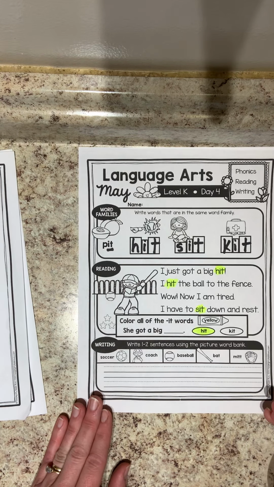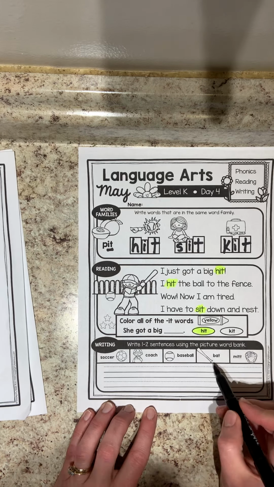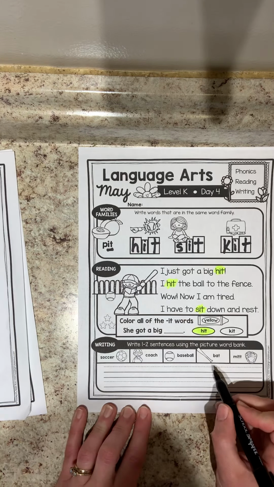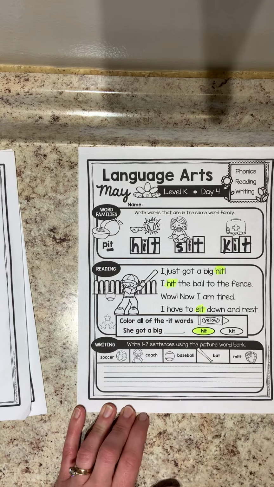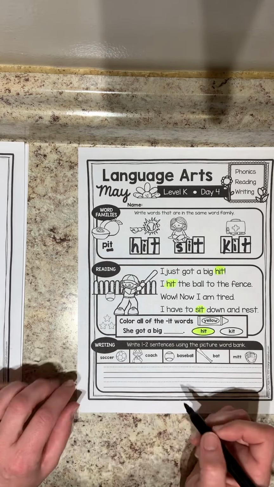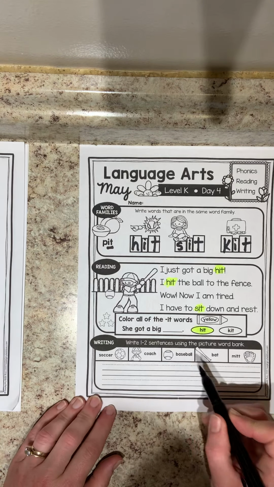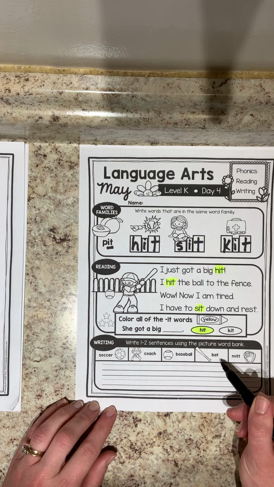So I'm going to talk about the bat and the ball, because you hit the baseball with the bat. I like to do that. I used to play baseball. So let's make that sentence. You can hit a baseball with a bat.